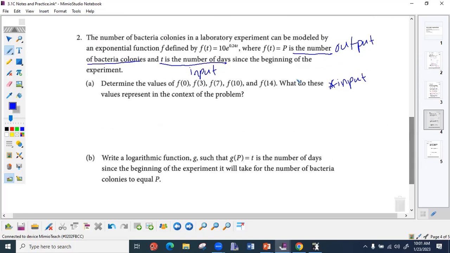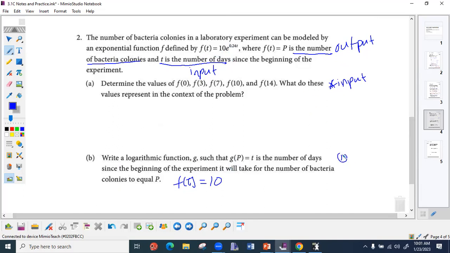So finding the inverse, same thing here. If we have f of t equals 10 times e to the 0.24t, it's wanting you to find your whole shebang, and we want to solve for t. So what would I have to do first? If I had to solve for a number, pretend that f of t equaled 10, what would I need to do to get it by itself? Well, we're going to give you your hints.